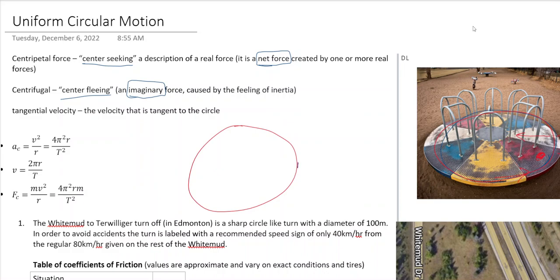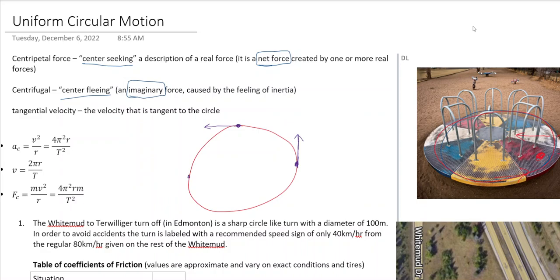Okay, at this moment, if you're going around counterclockwise, the tangential velocity is exactly the velocity that is going tangent to the circle. Tangent is when you have this line here touching the circle. So at this point, the tangent line is this way.